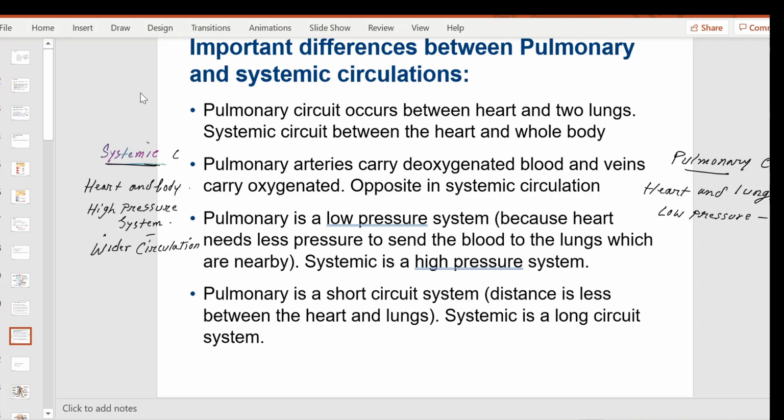So it is a wider circulatory system, and pulmonary circulation is a smaller or short circulatory system or short circuit system.